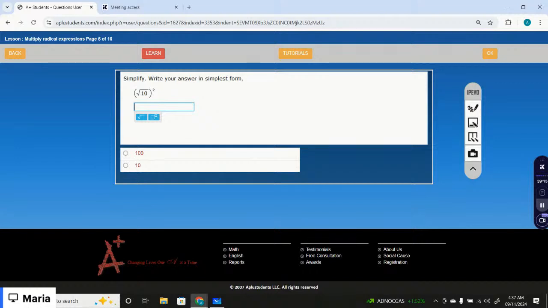Square root 10 square. Option number 2 is the correct option.